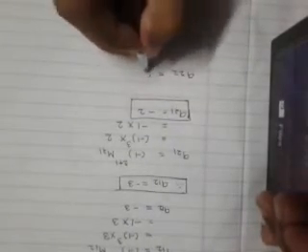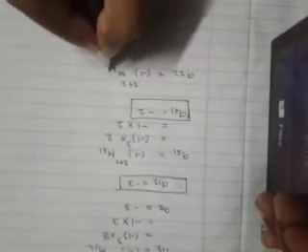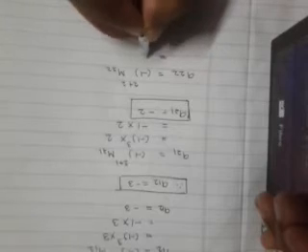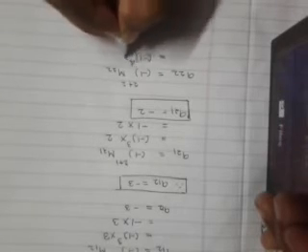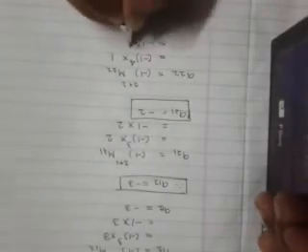Now we have to identify A22, which is minus 1 raised to 2 plus 2 into M22. So minus 1 raised to 4 into M22, which is 1, so 1 into 1, the answer is 1. So A22 is 1.